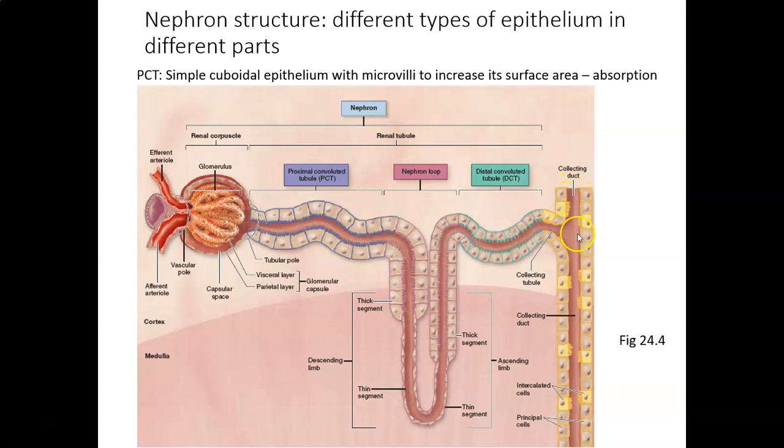When you get to the collecting ducts, only some cells have microvilli, and we are going to talk about which cells are in the collecting duct in the next lecture. So overall, the structure of the nephron is formed by the renal corpuscle, that's the first part, and then the renal tubule, that's where the tubules are.